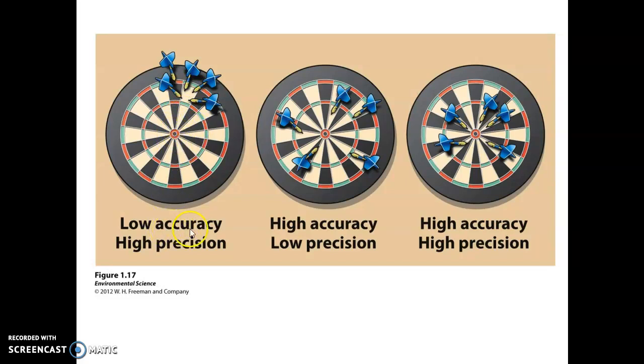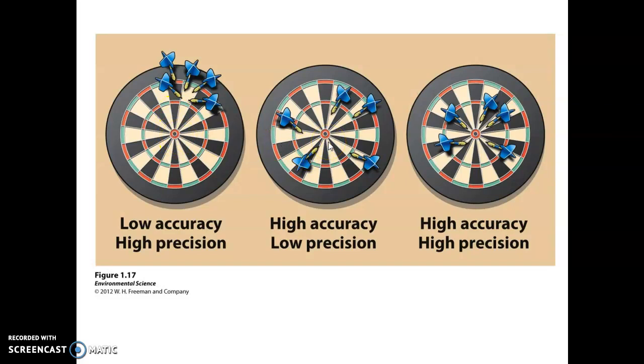So actual is accuracy. This example here, these darts have low accuracy. They are not close to the actual results, but they have high precision. They all are closely aligned. So that might give you a false sense of security. You get a bunch of data points that all look close together, so you think, oh yay, that's high precision, but it may not be accurate.